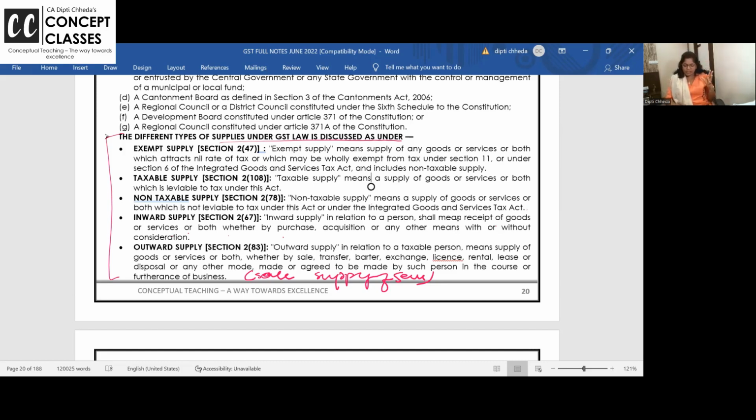Such a beautiful definition. Outward supply doesn't mean just sale. This is the same definition we have seen in capital gains: sale, exchange, relinquishment, extinguishment. We saw so many definitions of transfer. Once again, outward supply means you are selling goods or services in the form of sale or transfer or barter. This I'm going to talk about in detail now.